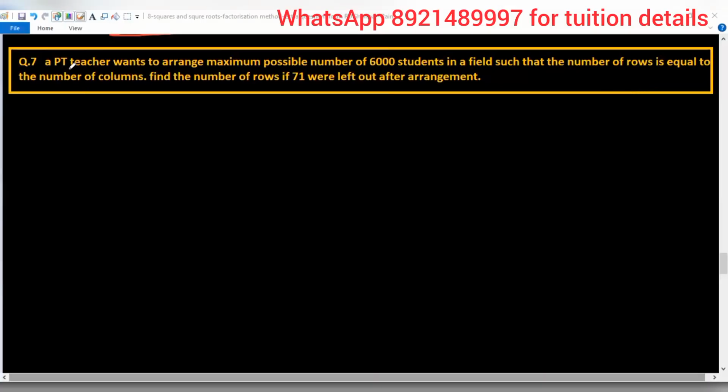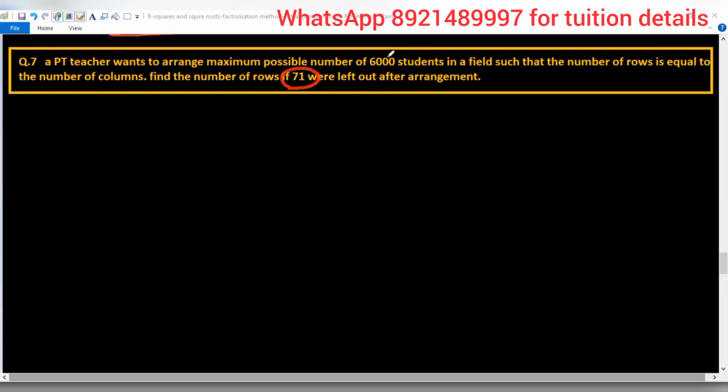Now this is the last question of this video. A PT teacher wants to arrange the maximum possible number of 6,000 students in a field such that the number of rows is equal to the number of columns. Find the number of rows if 71 were left out after arrangement. So actually there were 6,000 students. All of them were not arranged because 71 were left.